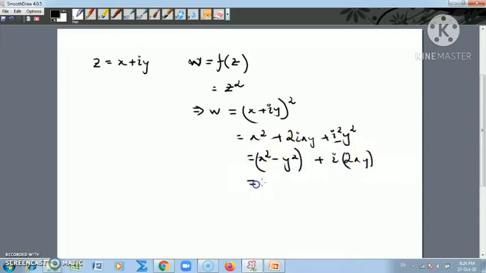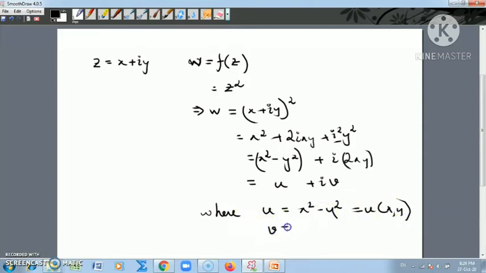This is in the form u plus iv, and so what is u here? u is equal to x squared minus y squared, so it is a function of x and y. And what about v? v is twice xy, and it is another function of x and y.